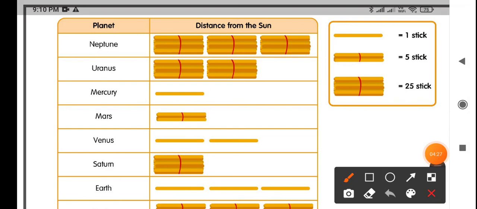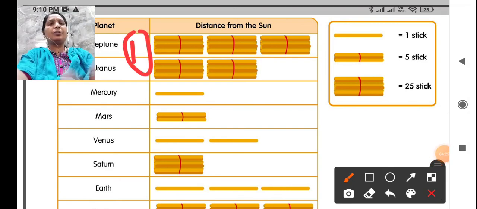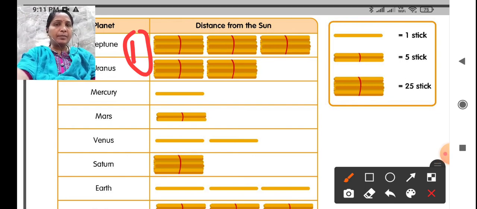How many sticks does Neptune have? If only one stick is there, it can be seen very clearly. When there are 5 sticks, the bunch is a little thicker. When there are 25 sticks, the bunch is thicker still.